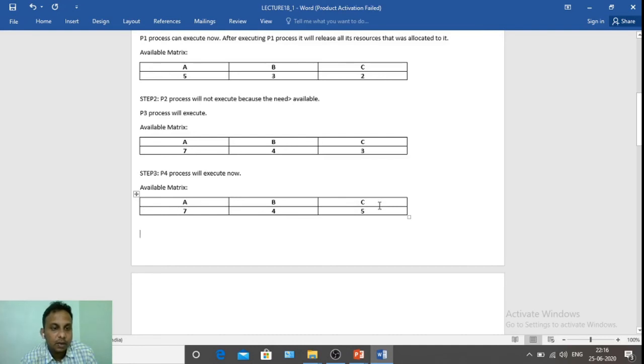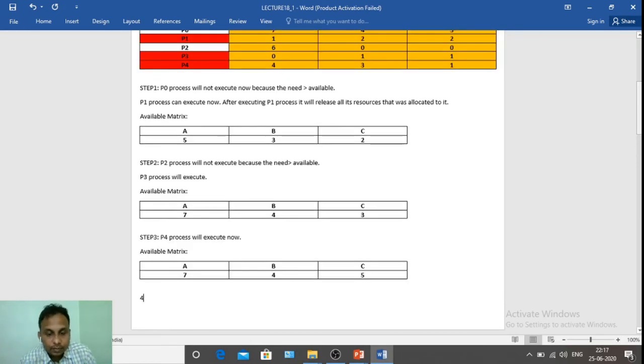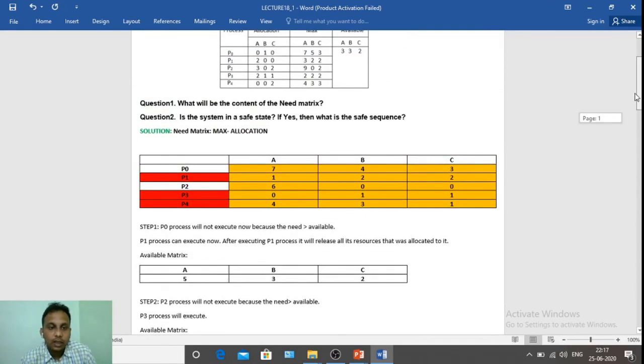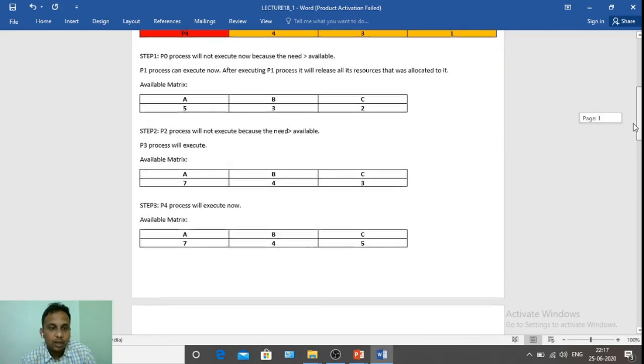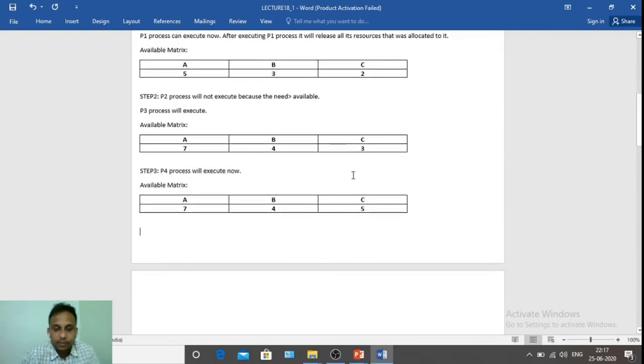Now we'll check whether P0 will be able to execute or not. After P4 executes, our new available matrix is 745. So we will go to step 4.